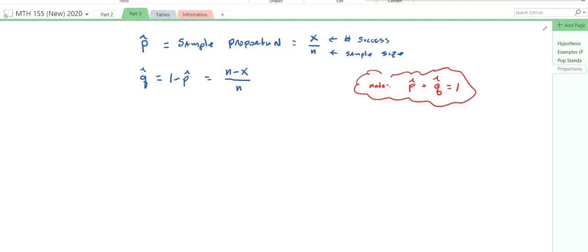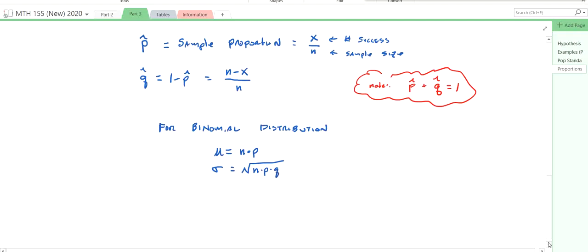Little note. Finally, recall that for our binomial distribution, the population mean was equal to n times p, and the population standard deviation was equal to the square root of n times p times q.